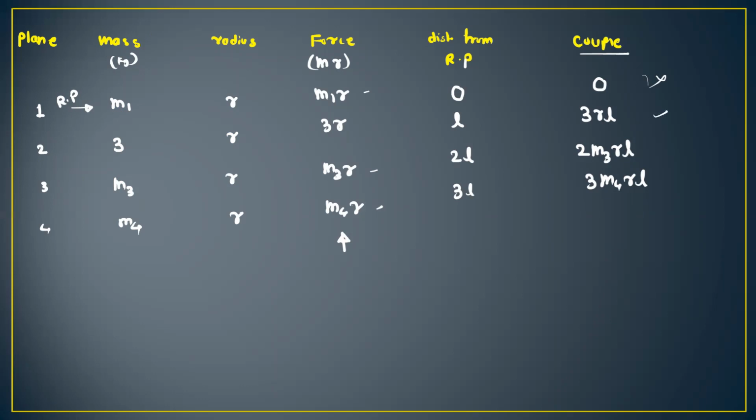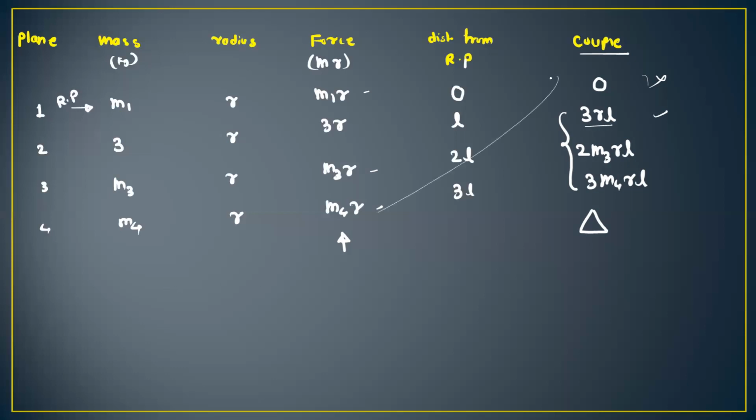And the remaining 2 values are unknown, that is m3 is unknown and m4 is unknown. But as there are only 3 vectors, the couple polygon will be a triangle. And to draw the couple polygon, which is a triangle, if one side is known, we can find out the remaining sides by observing the angular position diagram.